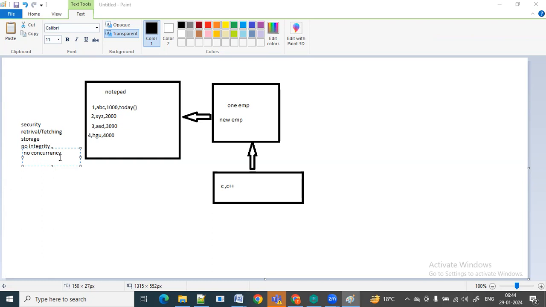If you are maintaining the data in two different notepads, I will be saving the two different notepads, right? So history was there, but it's again a larger amount of data. For example, ABC was hired today with a salary of 1,000. After 1 year, for the same person, the salary got revised to 3,000.